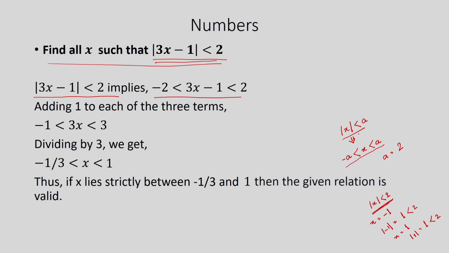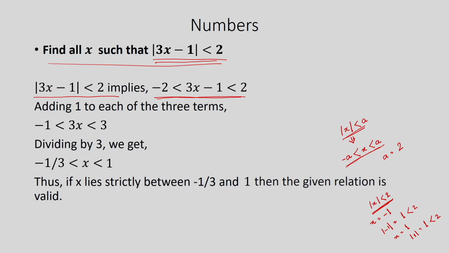That is why I am writing this relation: if modulus of x is less than small a, where a is a positive constant, then from that I can straight away write minus a strictly less than x strictly less than plus a. This is the principle that I am applying in this particular problem.